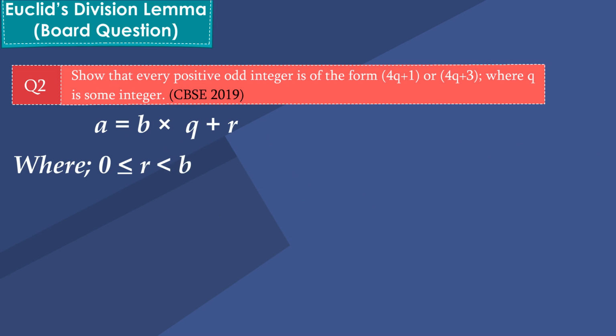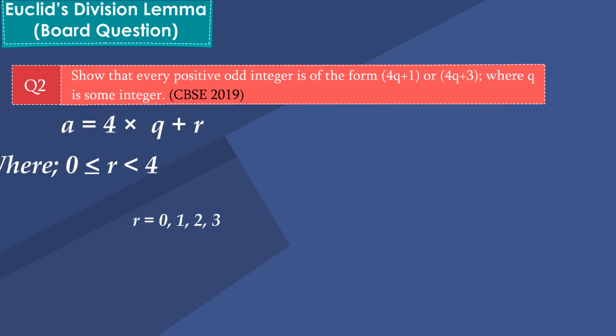So, let's say a is a positive integer and b is equal to 4. Then, applying Euclid's division lemma, we can write a is equal to 4q plus r, where r is greater than or equal to 0 and less than 4. That is, r is 0, 1, 2 or 3.